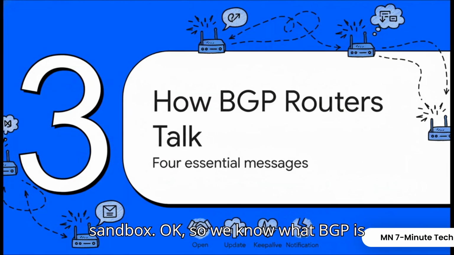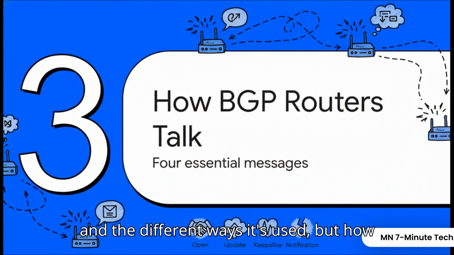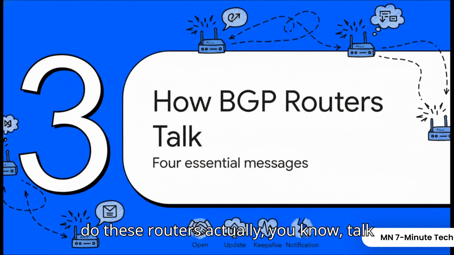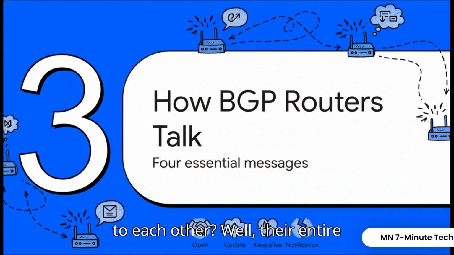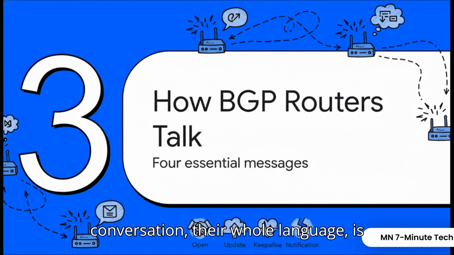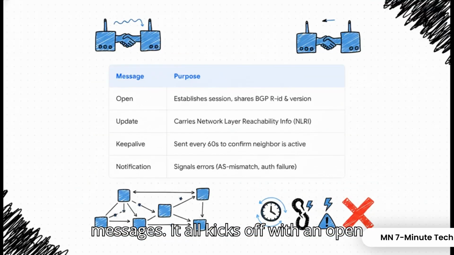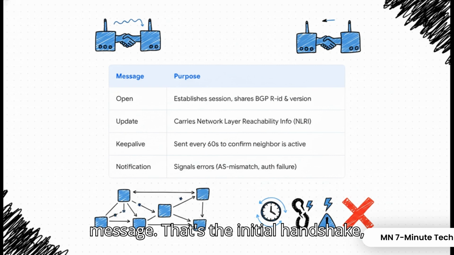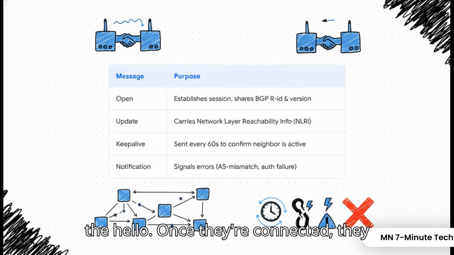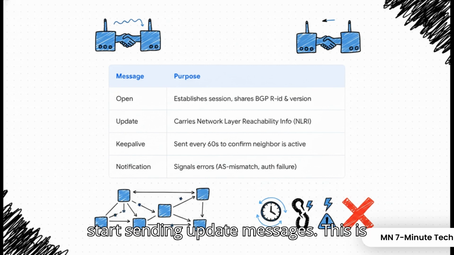Okay, so we know what BGP is and the different ways it's used, but how do these routers actually talk to each other? Well, their entire conversation, their whole language, is built on just 4 fundamental types of messages. It all kicks off with an open message. That's the initial handshake, the hello. Once they're connected, they start sending update messages.